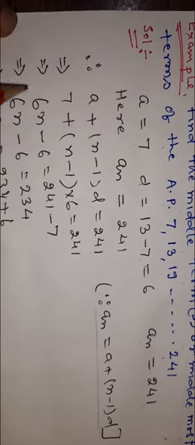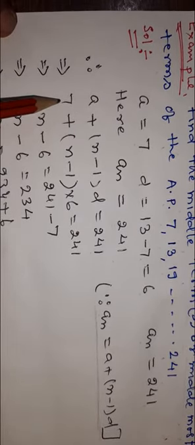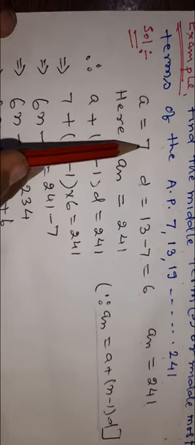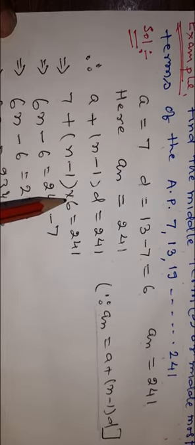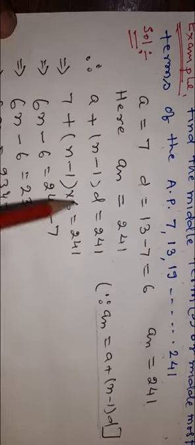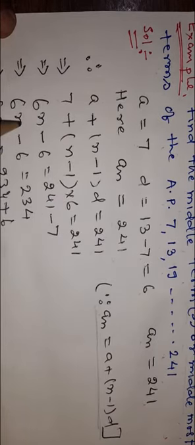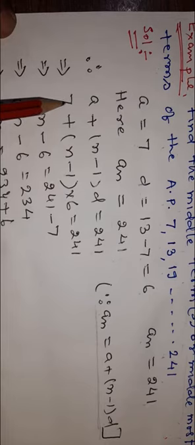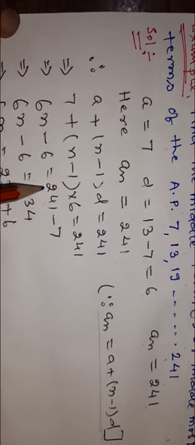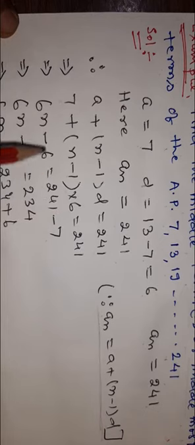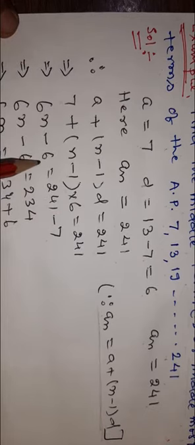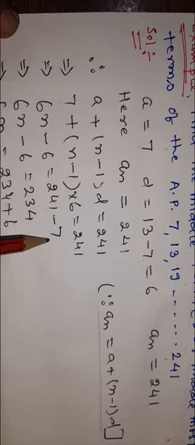Okay. In the next step put the value of a here, 7. From here, n minus 1 into 6, d is 6, is equal to 241. Once again transpose this 7 to this side, then it will be 241 minus 7, and after multiplying by 6 in both it will be 6n minus 6 is equal to 241 minus 7.